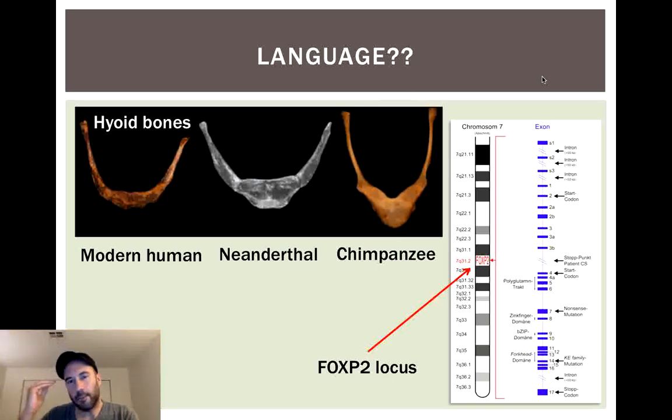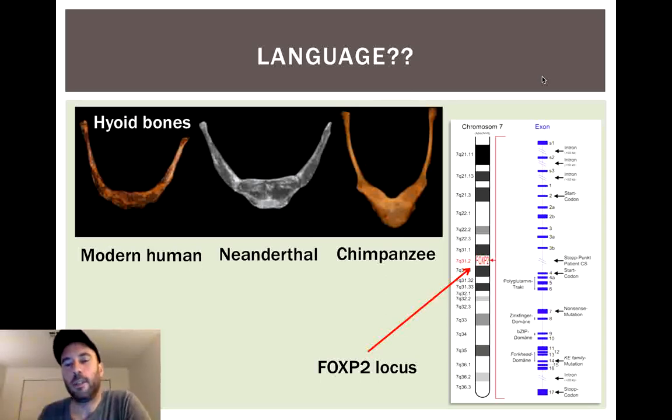And of course that happens in the brain. And one gene, and for sure this isn't the only gene, it's not like the gene for language is probably not a thing, but one gene that contributes to the ability to speak and understand is this gene called FOXP2 that's located on chromosome 7.